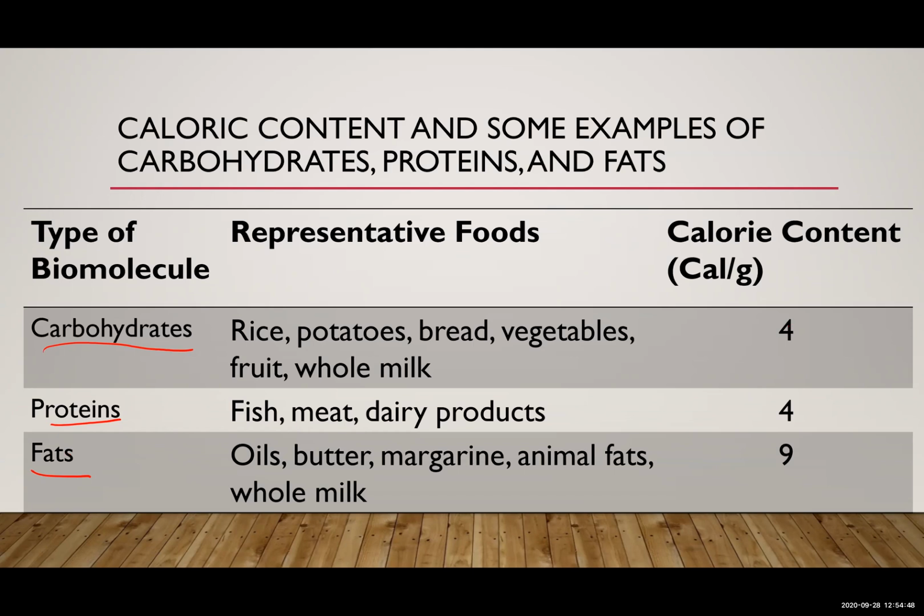They have some other functions. But the important number is how much energy per gram we can obtain from these items. You can see that fats have more than double the amount of energy compared to carbohydrates and proteins. Carbohydrates and proteins both release 4 nutritional calories per gram, but fat releases 9 nutritional calories per gram, which can be a good thing and a bad thing also.